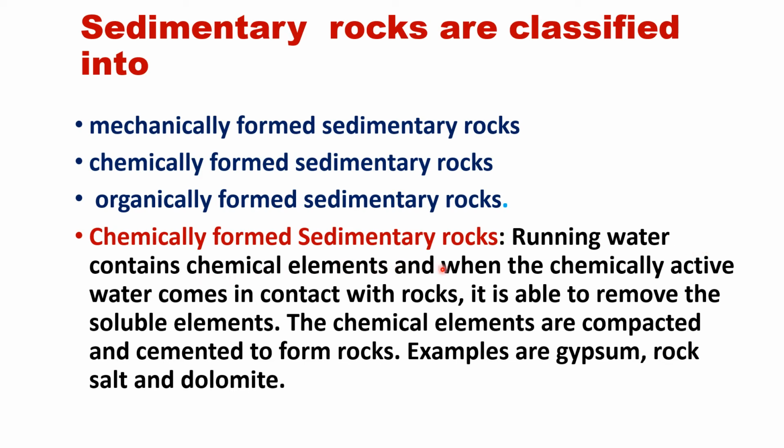When these chemical elements come in contact with rocks, they remove the soluble elements. Soluble means that which dissolves in water. Then these chemical elements are compacted and cemented to form rocks. Examples are gypsum, rock salt and dolomite.